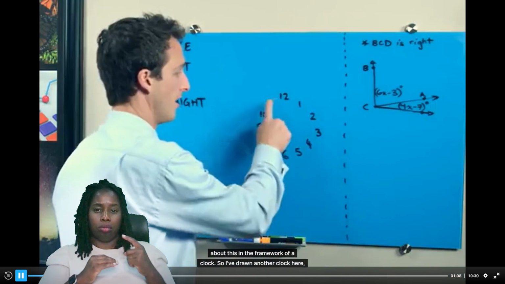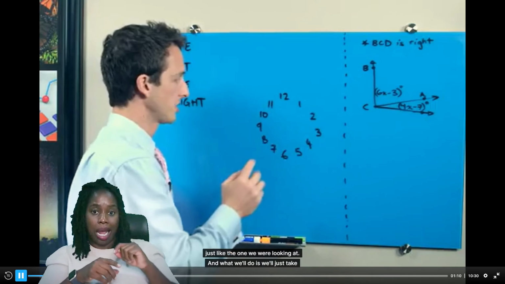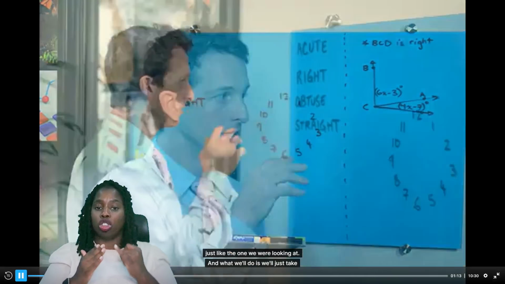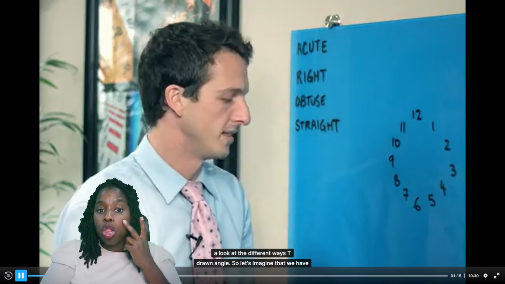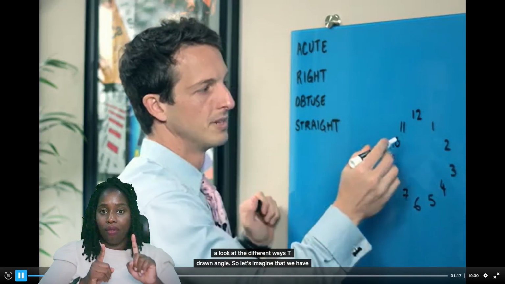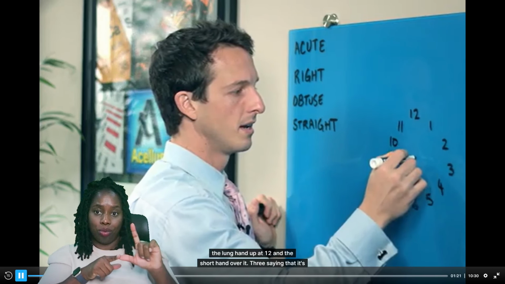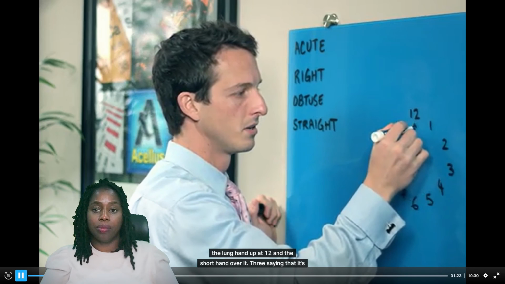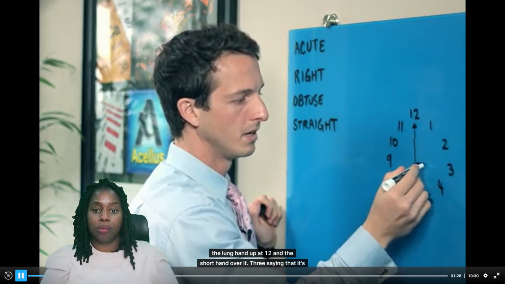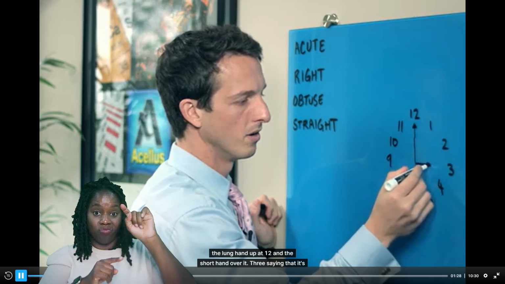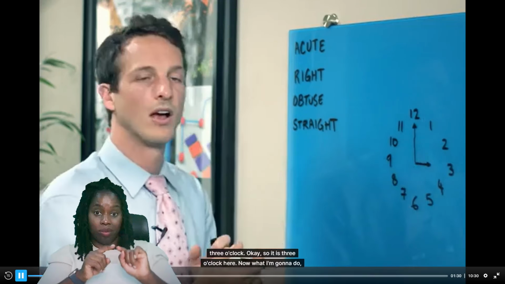So I've drawn another clock here, just like the one we were looking at. And we'll take a look at the different ways to draw an angle. So let's imagine that we have the long hand up at 12 and the short hand over at 3, saying that it's 3 o'clock.